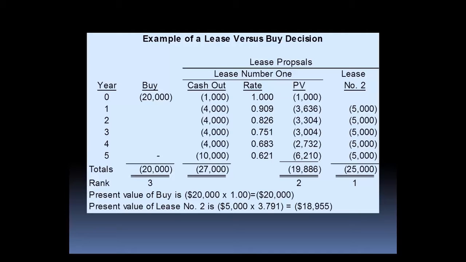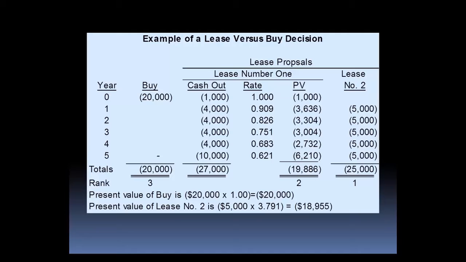Now you're probably going to say, what's the significance of the 3.791 on the present value of the annuity table? And I'll tell you how that's arrived at. If you go to the present value of $1 table and you add up the rates for every single year, for example, here, if you add up 1, 0.90, 0.82, 0.71, 0.683, 0.62.